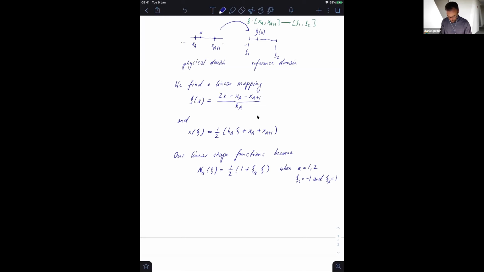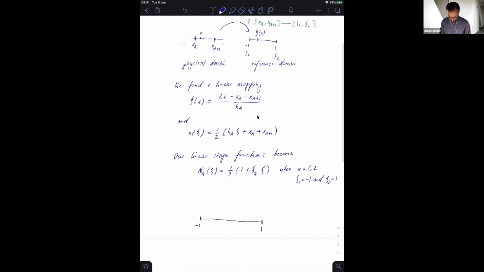So the idea of having our reference element goes from -1 to 1. This would be xi1, this would be xi2. And then we have a shape function N1, would be this one, linear shape functions.